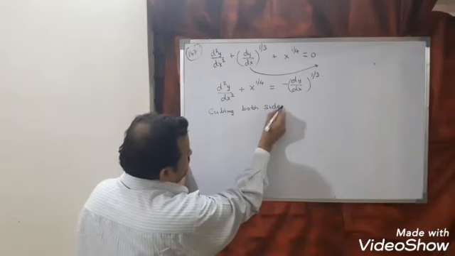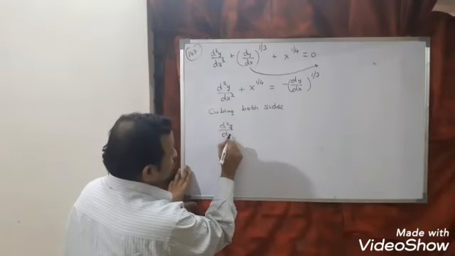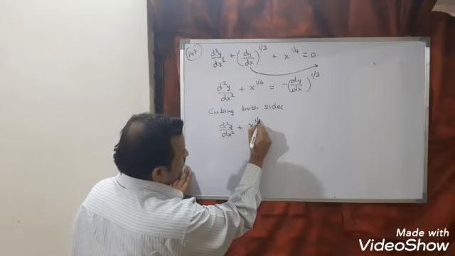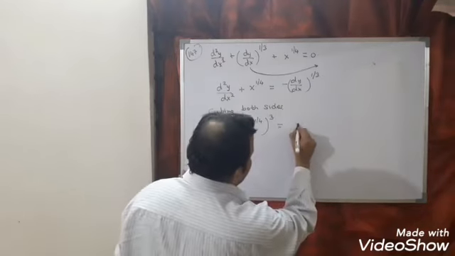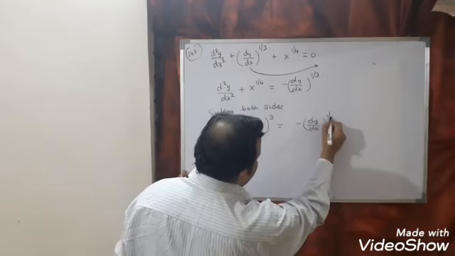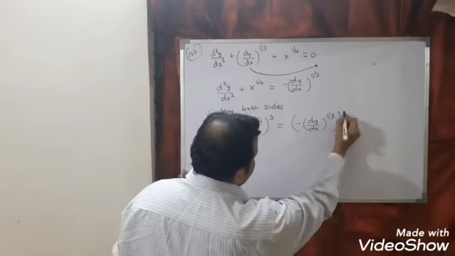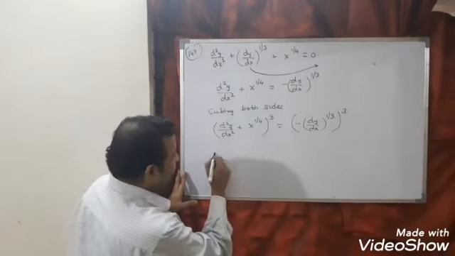When you do cubing, what you will get? You will get d square y by dx square plus x to the power 1 by 4, whole cube, is equal to minus dy by dx whole power 1 by 3, whole power 3. A plus b whole cube, apply the formula.